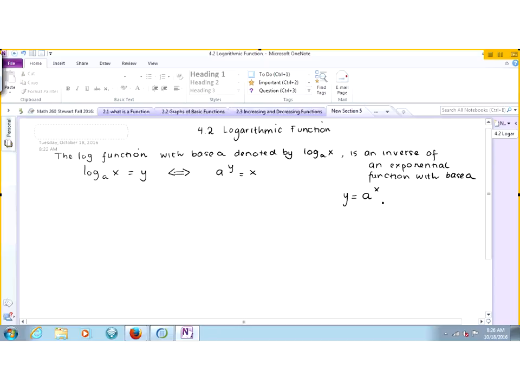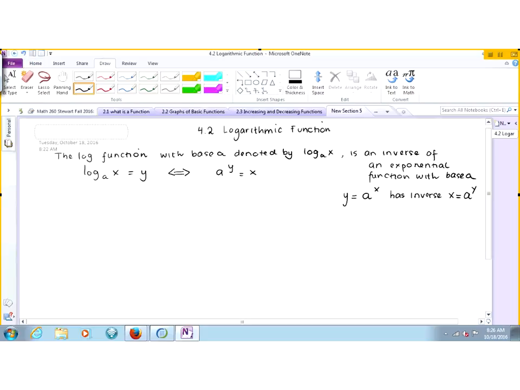What type of function is this? Exponential function? Yes. How do I find the inverse? So y equals a to the x has inverse: you switch x and y, x is equal to a to the y. So you're practically switching x and y.